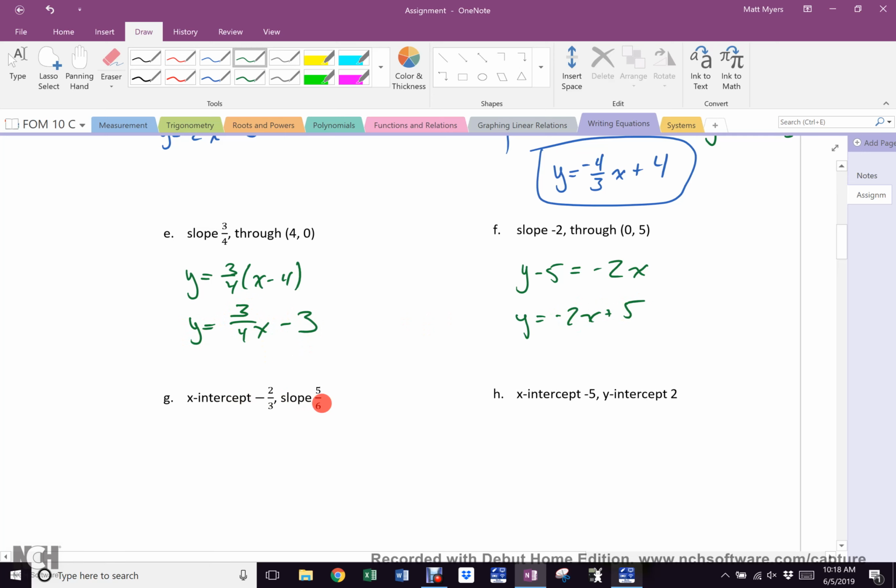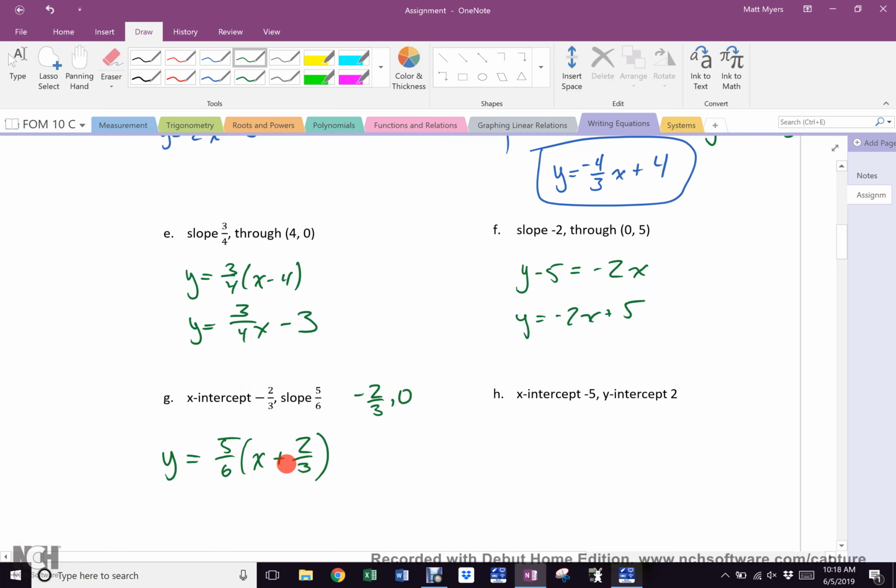This one's extra tricky, yeah? Why? Because it's the x-intercept, right? So what is the point here? Negative 2/3, 0, correct? So y equals 5/6 x plus 2/3, yes?